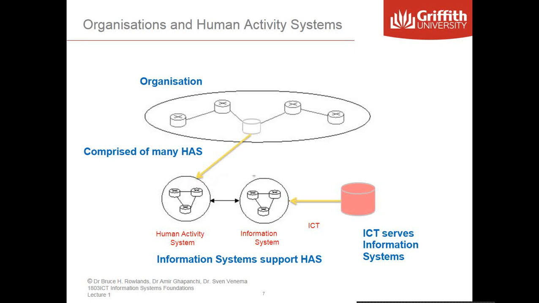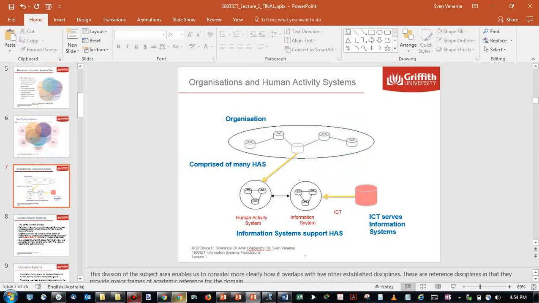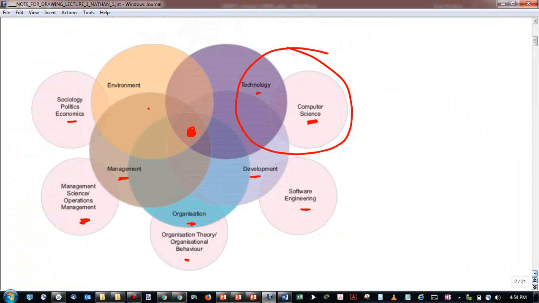Ideally in an organization, they're working towards the organization's goals. That's why they're employed. They're supported, or connected, by an information system, and an information system has some components in it as well. That information system is connected and supported by an ICT or some kind of technology system, a server or some kind of computer that does some processing. So we can link these in a number of different ways.